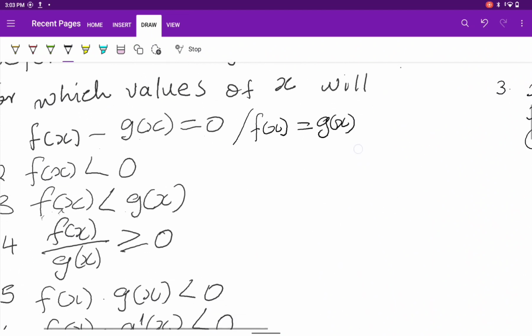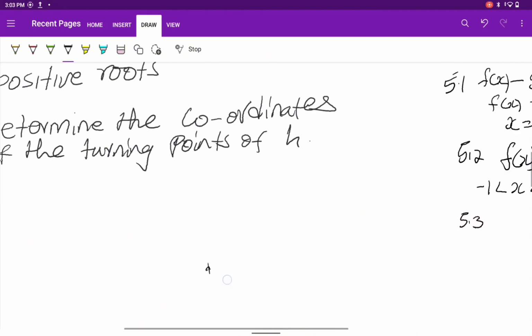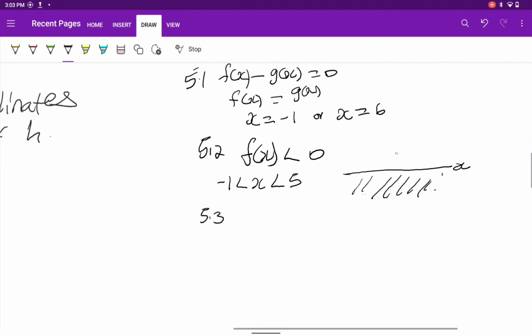Right, so the graph of f is below the graph of g between -1 and 6. Right, so that is how we will write the answer. So we need to understand the question so that we can be able to understand the answer there.